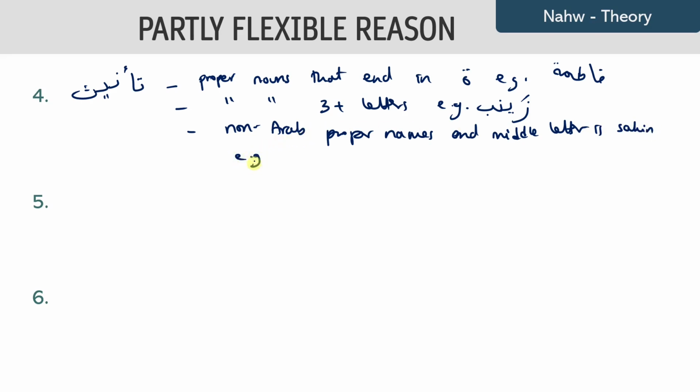So for example, the word misru, it's غير منصرف because it is a proper name of a place and it is feminine, and even though it's 3 letters, the middle one is sakin, so according to the Arabs that is okay to make it partly flexible. So the i'rab for misru would be misru, misra, and misra.